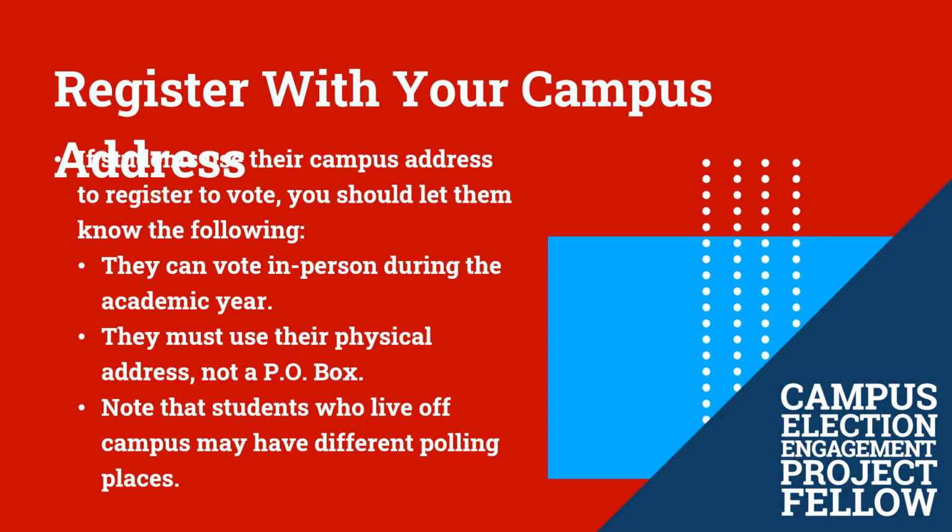Once you learn the rules, you'll need to create a system to disseminate this information. You should also learn about relevant voter ID rules, so students can get the ID they need to satisfy them well in advance of Election Day. Also, make sure that students who live off campus understand that their polling site may be different from the ones used for on-campus students.